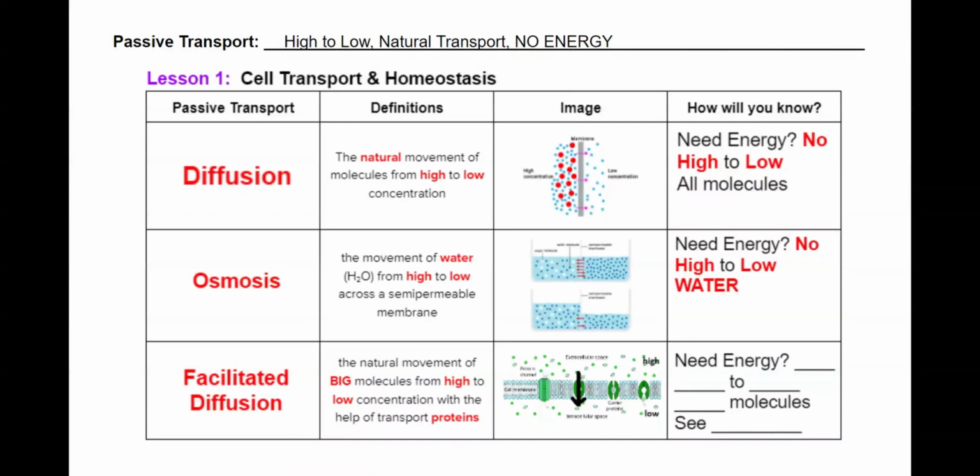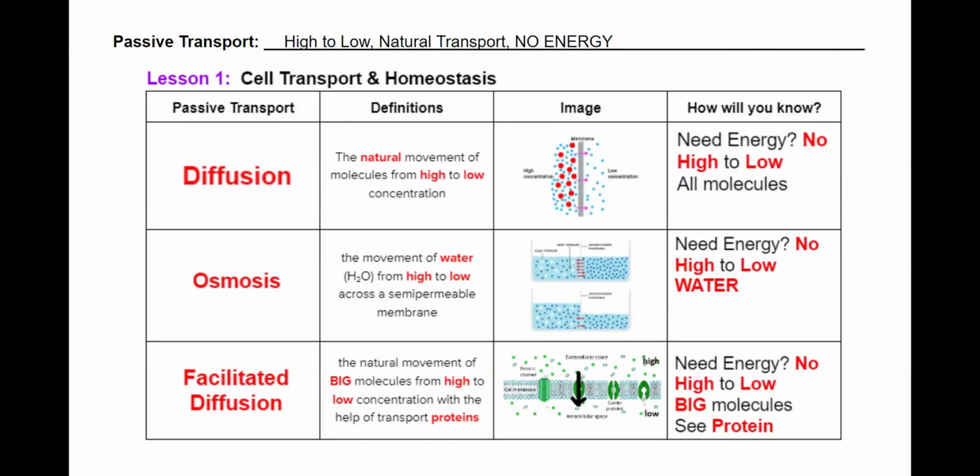Now, facilitated diffusion, again, does not need energy. Again, high to low. But the next part is that we see big molecules, and it uses big molecules and proteins in the definition. And then we also see the protein in the image.